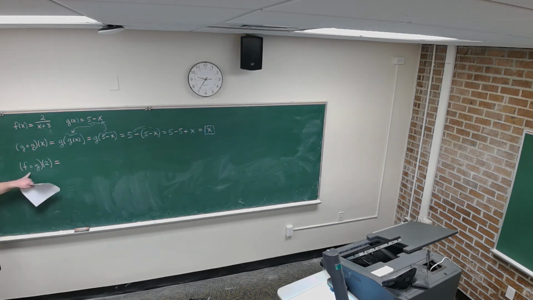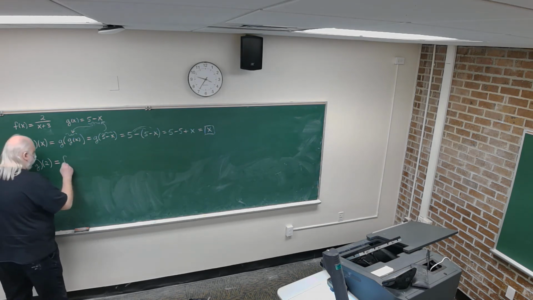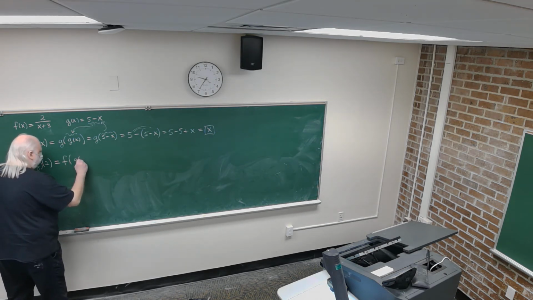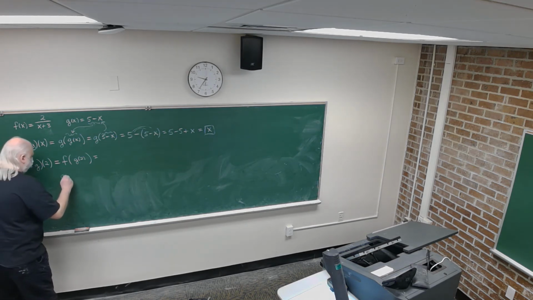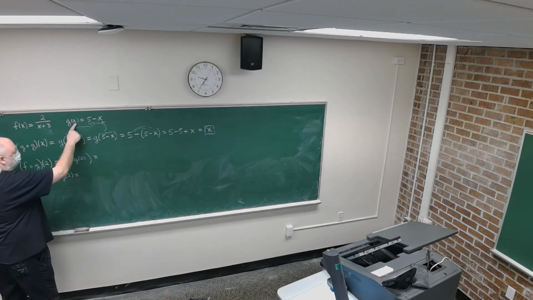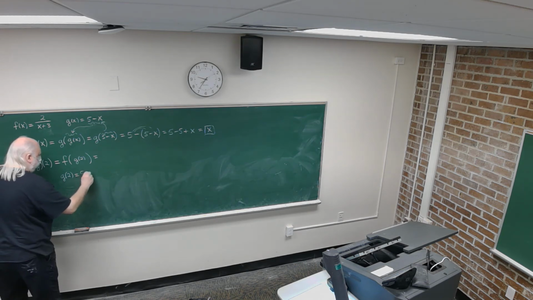Let's do what might be the traditional way. By definition, this is f of g of 2, right? And so the first step is to evaluate g of 2. Well, g of 2, from our function up here, you just put 2 in for x. On the right hand side, we have g of 2 is equal to 5 minus 2, which is equal to 3.